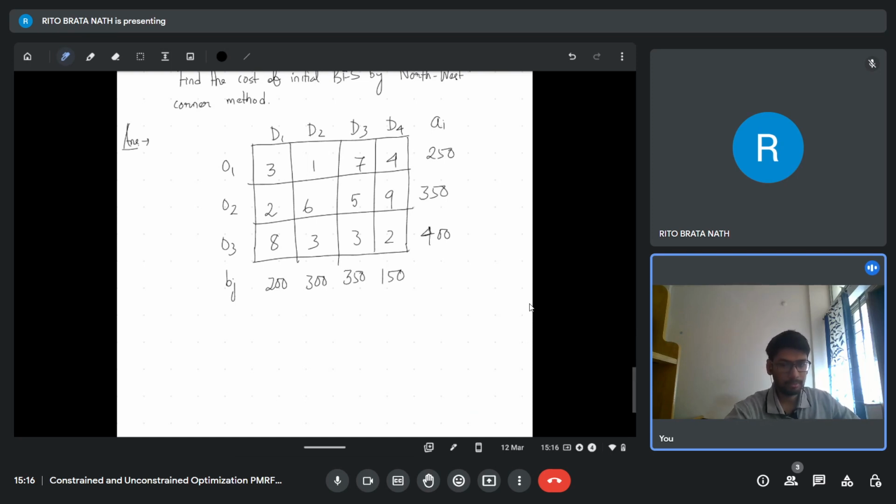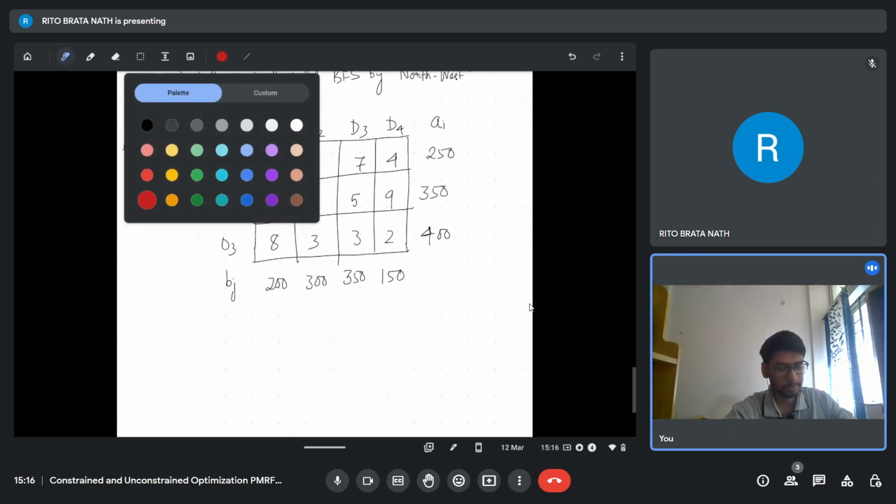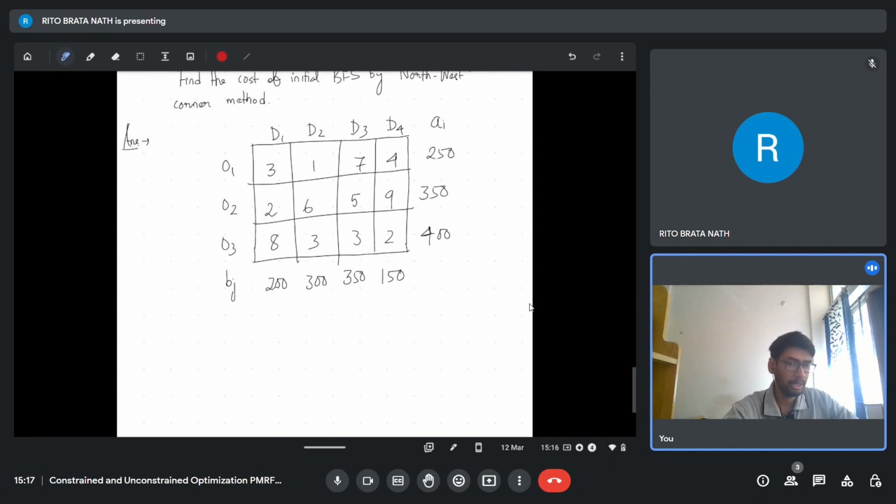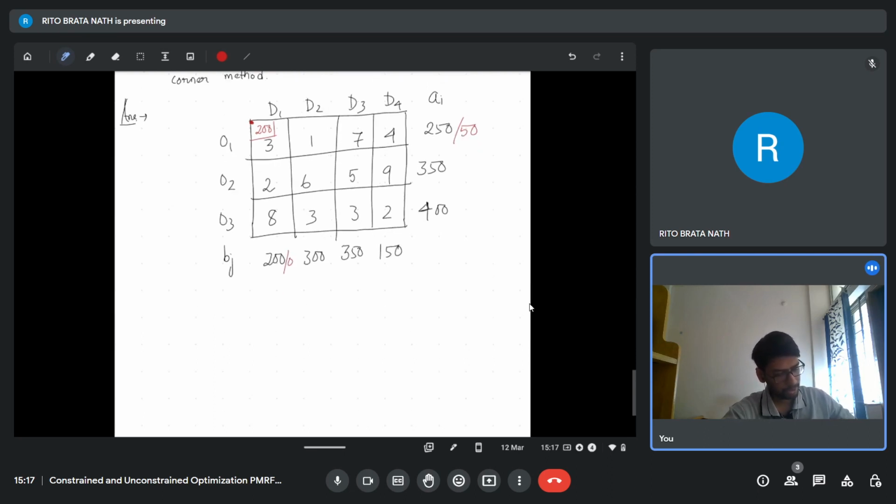Okay, so I have written down this problem again, and now in the northwest corner method, what you will do is start to allocate from the northwest point, and then you'll move towards the east direction as much as you can, and then you will go to the south. Okay, so this is the northwest corner point, right? So here you can allocate the minimum of 200 and 250. So you can allocate 200 here. So that's simple. So this becomes 0. This becomes 50.